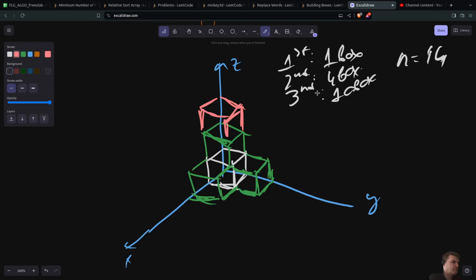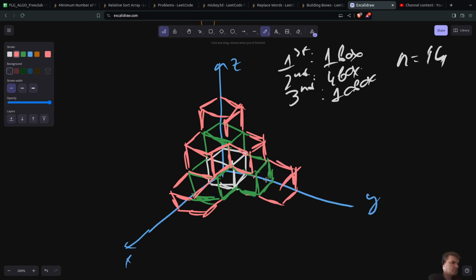So let's check if we have on the third layer 10 boxes. And one here.